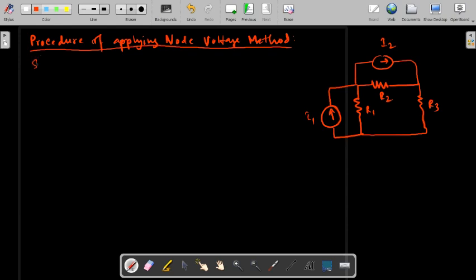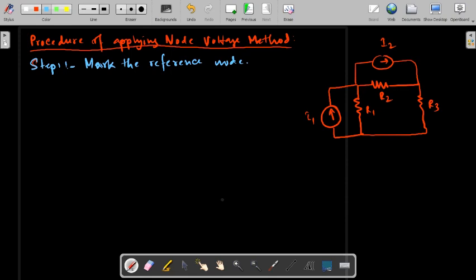Step 1 is to mark the reference node. I have told you earlier the procedure for marking the reference node, but also I want to show you that if you take any other node as the reference node, it will be okay, no issues, but the complexity will be more.